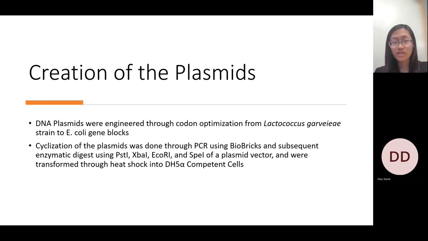However, we did choose one as it was easier to deal with one strain, and that would be our Lactococcus garvieae. From there, cyclization of the plasmids was done through PCR using BioBricks and subsequent enzymatic digests using these four restriction enzymes, PstI, XbaI, EcoRI, and SpeI, of a plasmid vector, and were transformed through heat shock into DH5 alpha competent cells.